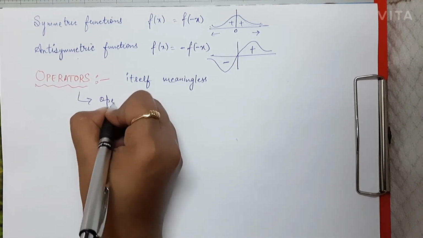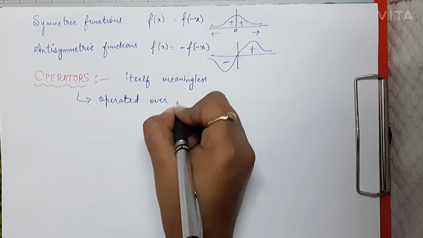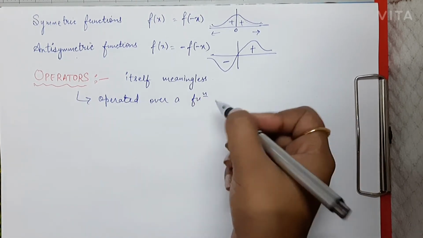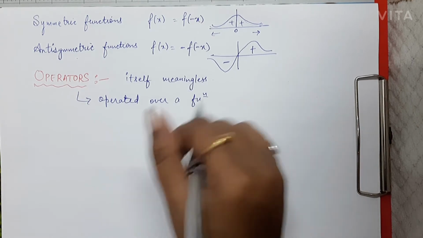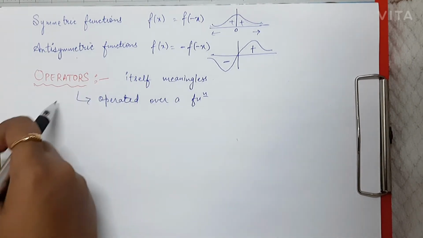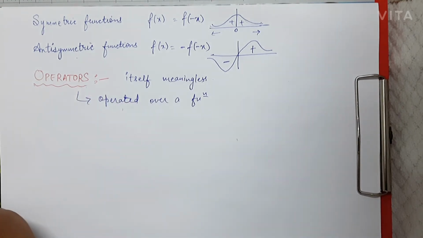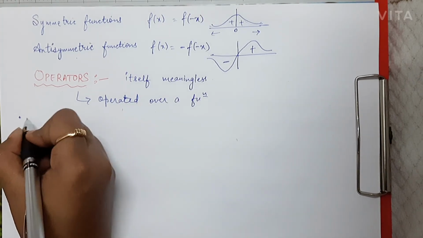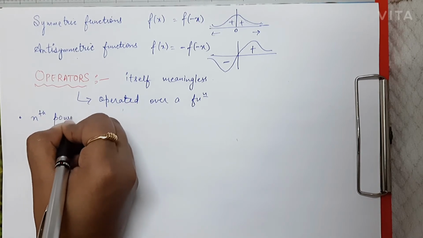They are operated over a function, and after their operation over a function, they are going to give us the meaningful results. This is the second thing about operators. They are meaningless by themselves, but when they are operated over any function, they are going to give us some meaningful results.